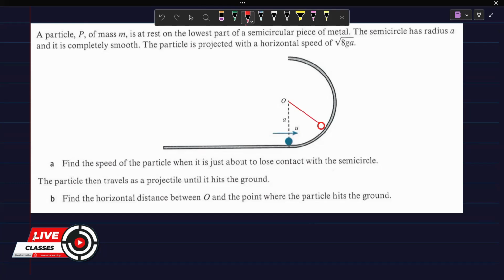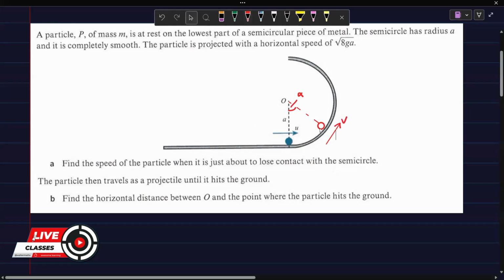For this general point, let's say the angle it makes with the vertical, if we draw a radius from the particle to O, let's just call that angle alpha. Let's also say at this general point, the particle will be moving at a speed, and let's call that speed v.